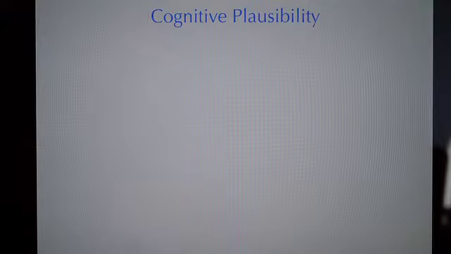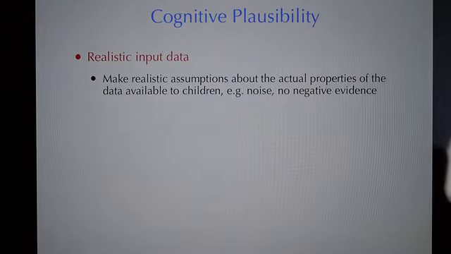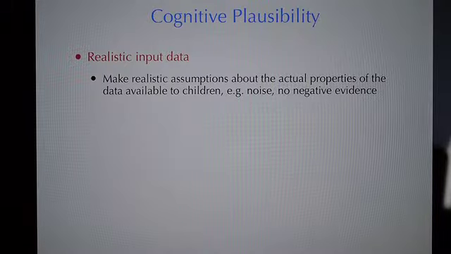In the domain of language, there are a bunch of other plausibility criteria that models have to observe. For example, when we talk about using realistic input data, we cannot assume that children have access to consistent corrective feedback from their parents, because even though sometimes parents correct children's mistakes, it's not something that's always available to all children in all cultures. Therefore, we have to be realistic about the assumption of the availability of such input to the learner.